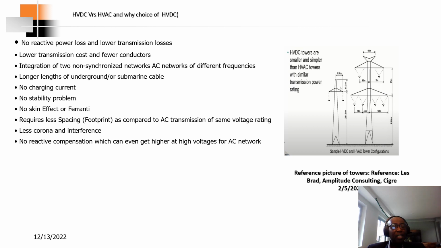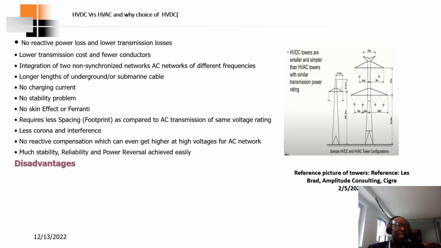Also, there's no reactive compensation, even at high voltages, as compared to an AC network. It has much more stability, much more reliability, and power reversal. Like I made mention, power can be exchanged in both directions.